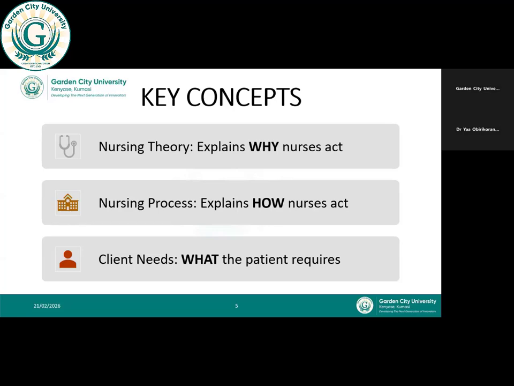Then the client's needs are what the client requires us to do for them. Okay, so every patient that will come to you has a need. It doesn't really matter how sick the person is. Even the person who walks to the OPD has needs.